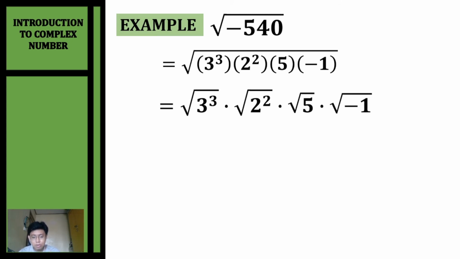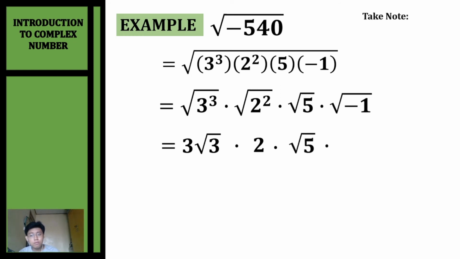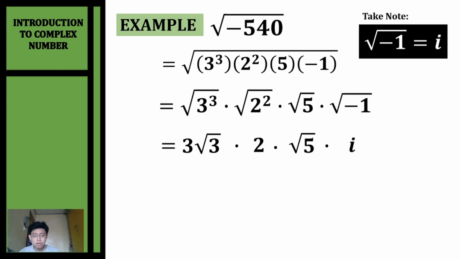The square root of 3 cubed is 3 square root of 3. The square root of 2 squared is 2. The square root of 5 is the square root of 5. And the square root of -1 is i. Let's multiply coefficient by coefficient, radicand by radicand. We will have our final answer, which is 6i times the square root of 15.